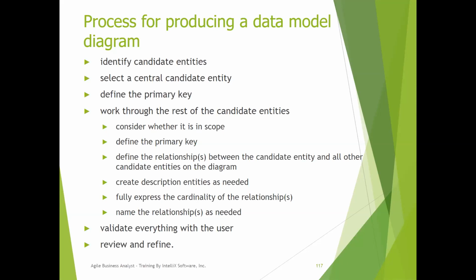Once you define the entity and its primary key, and you identify the relationship between that entity and the other entity, you start identifying the other attributes you need for that entity, the description of the relationship, and the cardinality. Then you validate that with your end user.